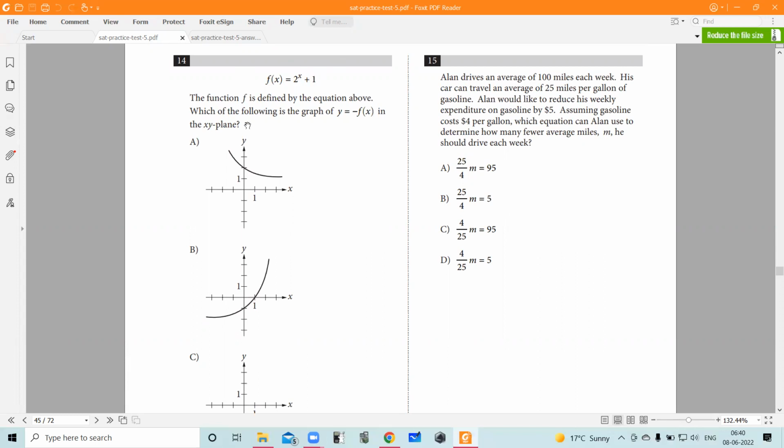Now they're telling you the function is defined above, and the following is a graph of y equals negative f of x in the xy plane. So first of all, let's try to analyze what f of x equals 2 to the x plus 1 could look like.